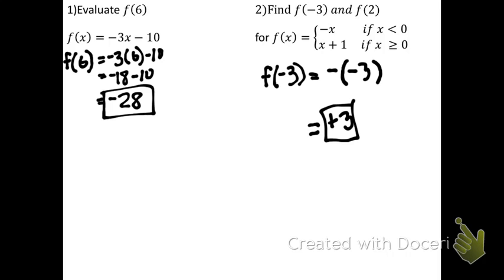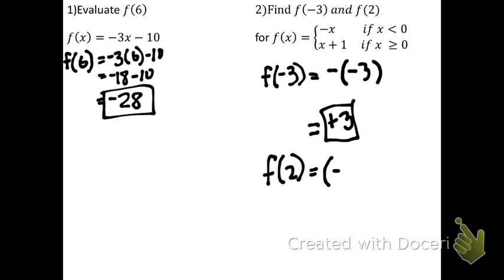On the next example, we have f of 2. Input in f of 2. We have to ask ourselves, is it less than 0 or is it greater than or equal to 0? We know in this example it's greater than or equal to 0, so we're going to use the second function rule, which is x plus 1.